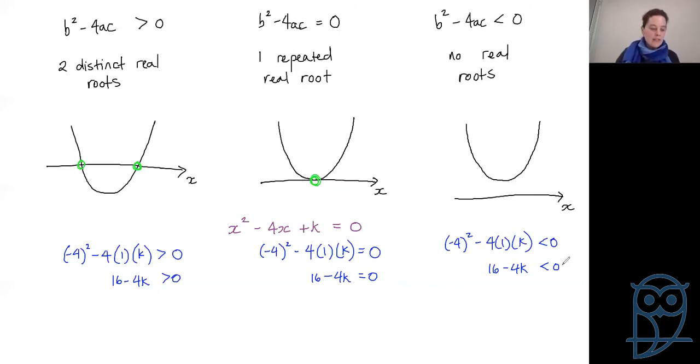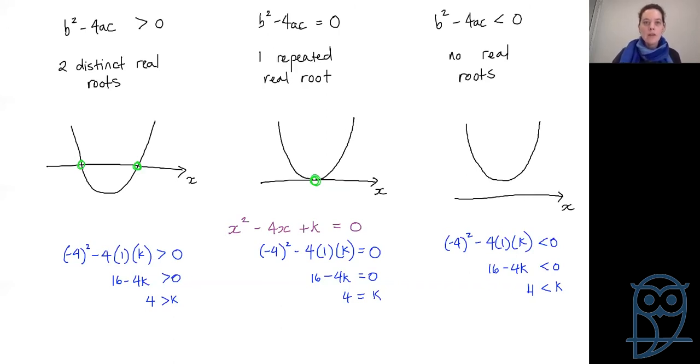But now let's have a think. If we solve this, k comes on this side, less than 4. Here we would have 4 equals k, and here we would have 4 is less than k. So what does that mean? Obviously 4 is our magic number in this case.